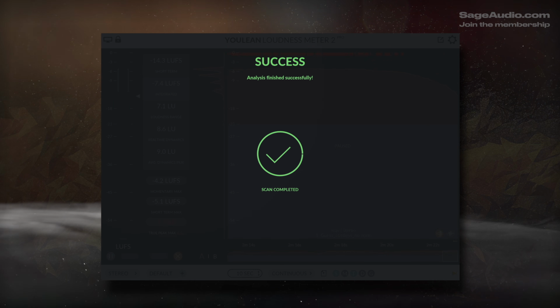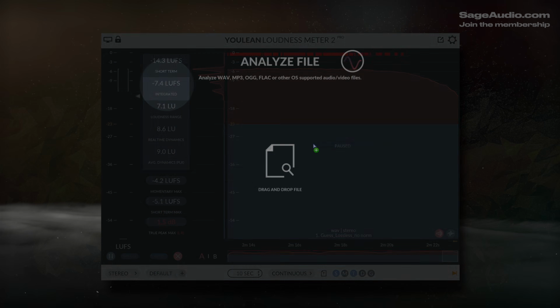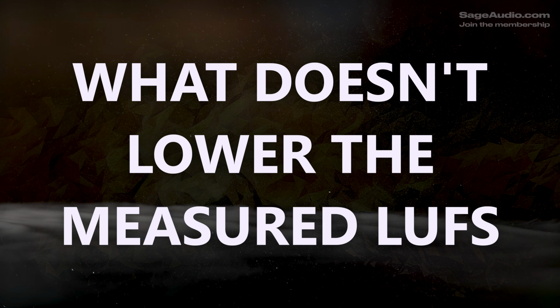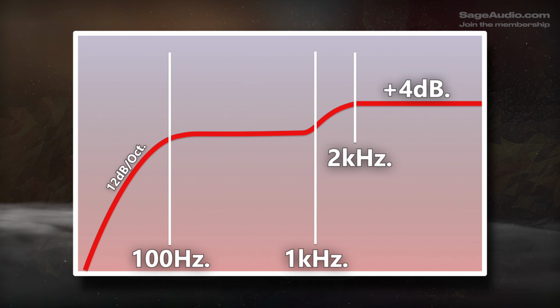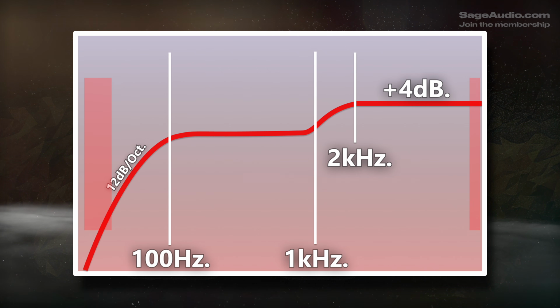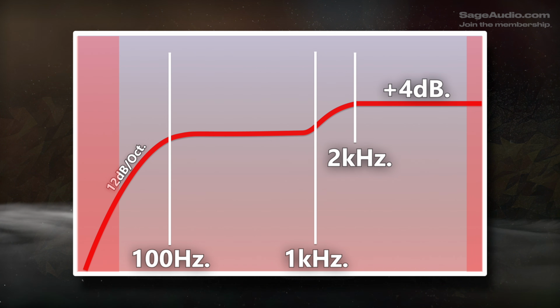before I show you the primary way to increase perceived loudness after normalization, I want to cover what doesn't lower the measured LUFS. Looking at this K-weighted chart, you'd assume, or at least I did, that removing imperceivable or barely perceivable frequencies would lower the LUFS. For example, if you have a master and you attenuated everything below 30 Hz and everything above 20 kHz, it makes sense that removing these ranges would lower the LUFS.